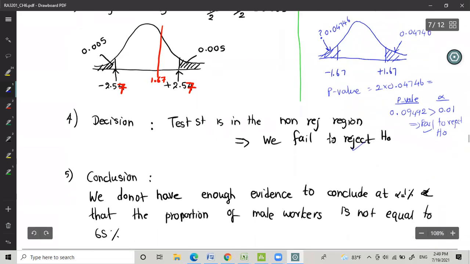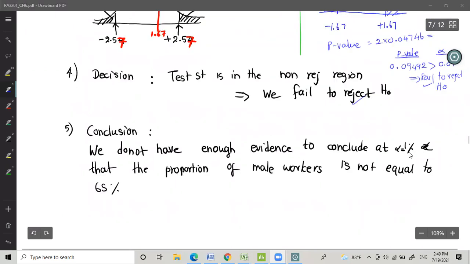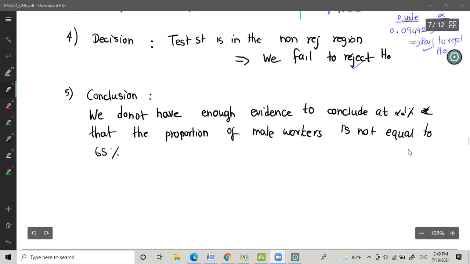And again, with the two-sided test for proportion, you can double check your answer with the corresponding confidence interval. Here also, if alpha is 1%, your 99% confidence interval should be constructed.